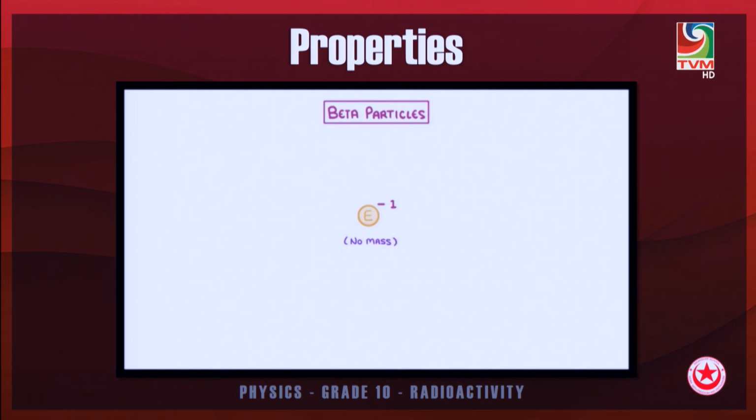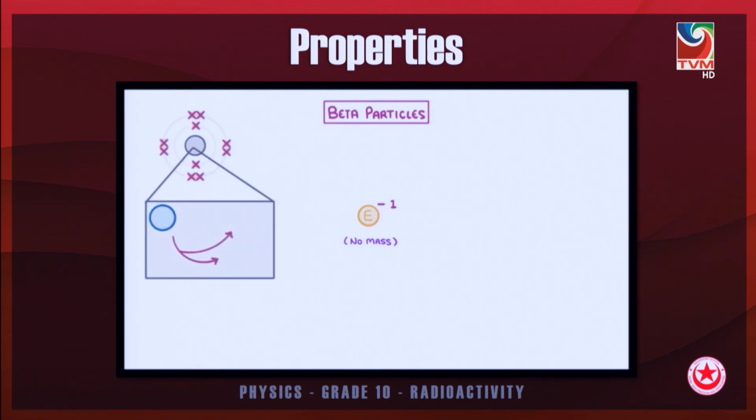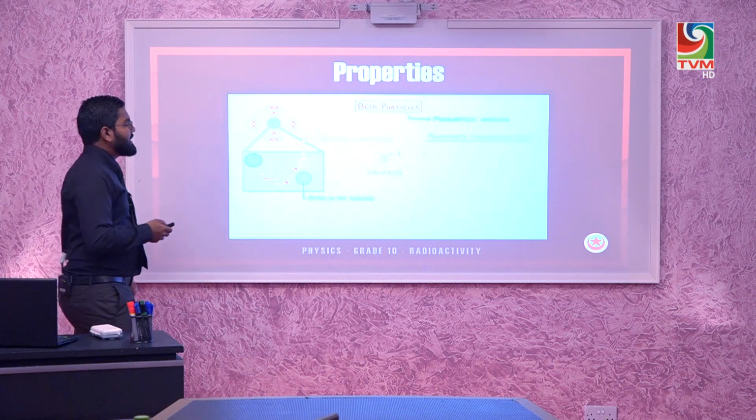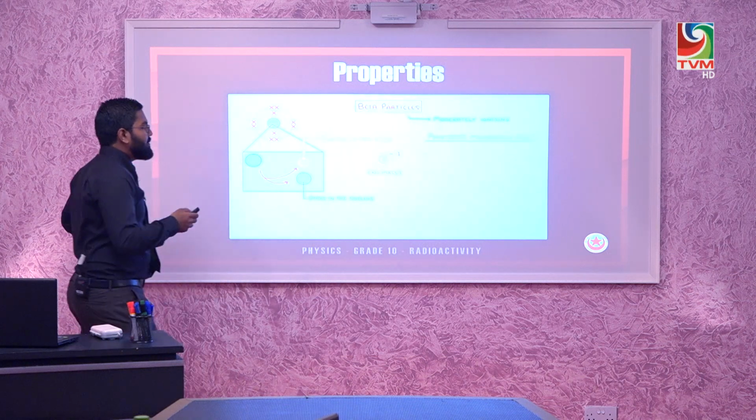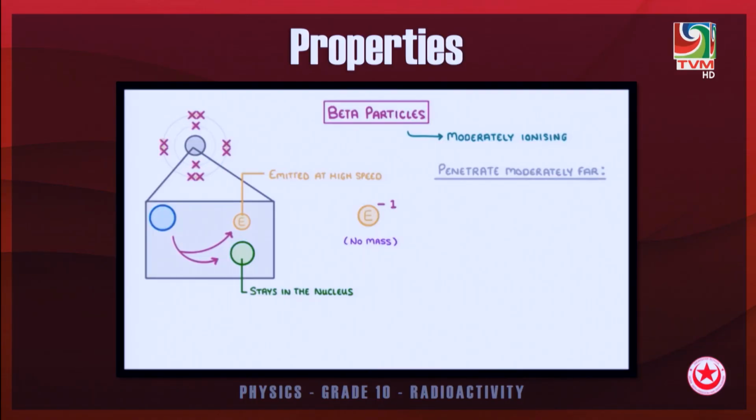You might be wondering where this electron comes from. It does not come from the orbital of the atom; rather, a neutron is converted into a proton and an electron, and this electron is ejected at a very high speed. Beta particles have a moderately ionizing power.